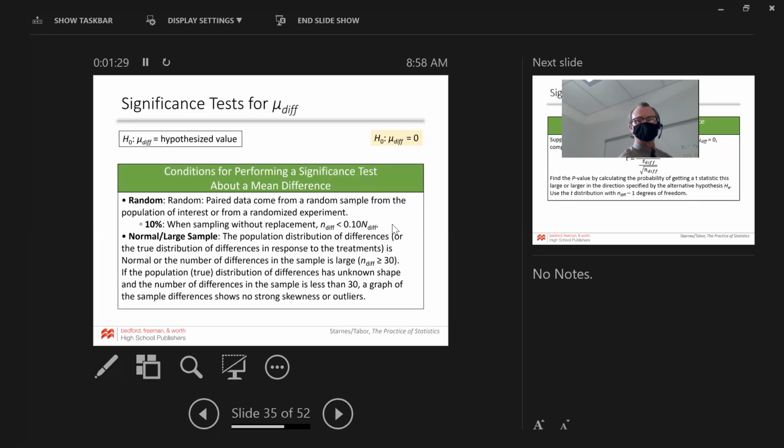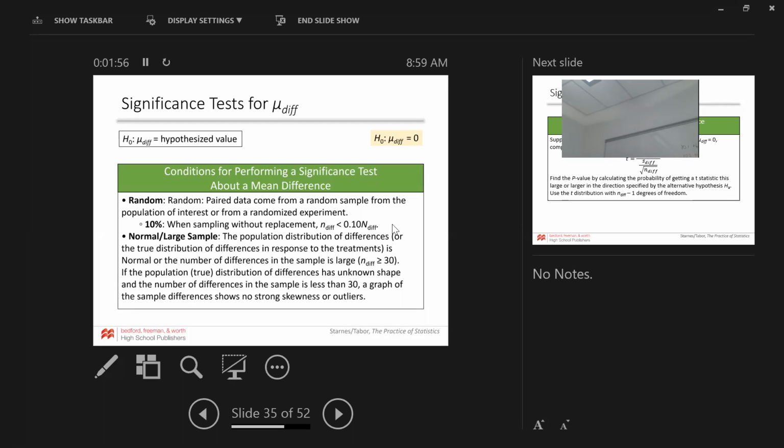So here are the conditions. And this is so redundant that it's on all these slides, but that's helpful, okay? SRS, or random assignment of treatment. The sampling's got to be less than 10% of the population, and the difference is when you do list 1, take away list 2, you have to have 30 or more.